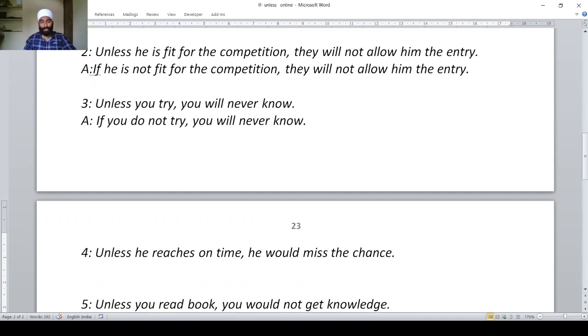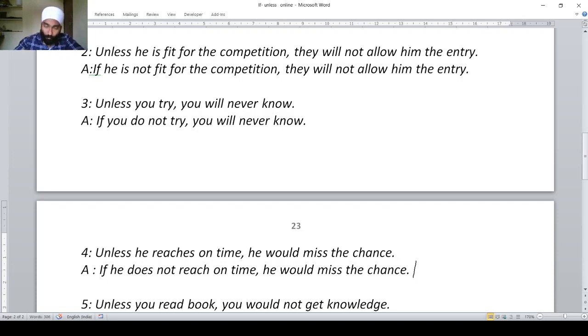Unless he reaches on time, he would miss the chance. Answer for this: if he does not reach on time, he would miss the chance. The second clause we have to keep as it is.